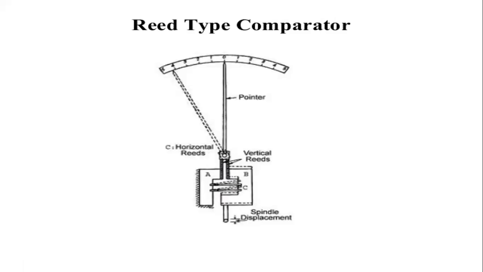It works with a spindle with a displacement, and this is the pointer which is attached to the vertical reed, and there is a scale to be measured. It consists of two blocks: this is the fixed block and this is the movable block. A is the fixed block and BC is the movable block, in which the spindle is attached to the movable block only. So the spindle is directly attached to the movable block.